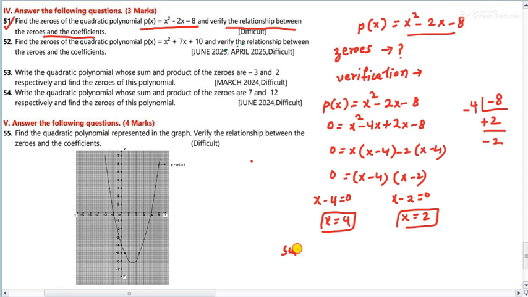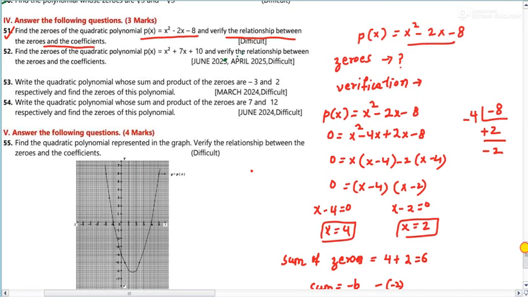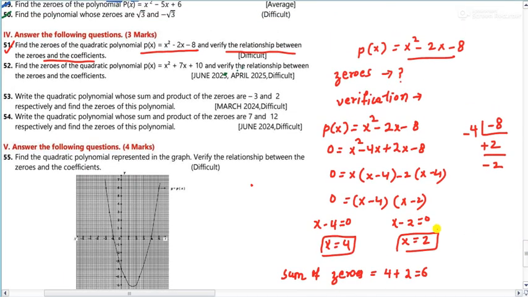Now sum of these zeros, whatever you have got. So you will get 4 plus 2. How much is 4 plus 2? 6. Now using the coefficient, what is the formula? Minus b by a, right? So b is how much? Minus 2. Any mistake here? Everything is fine?